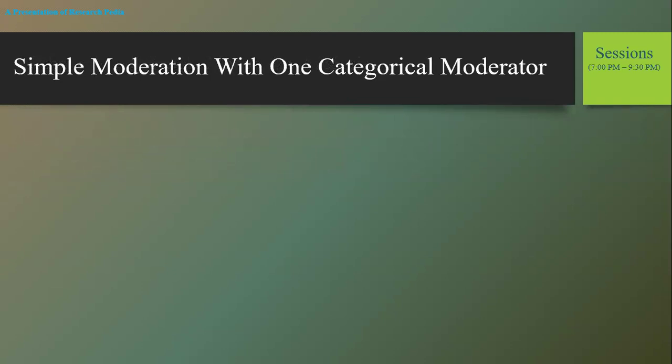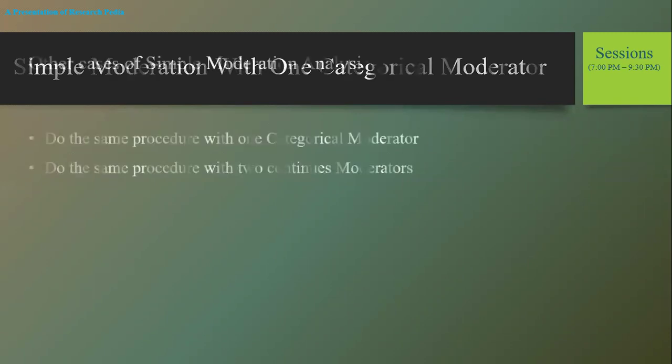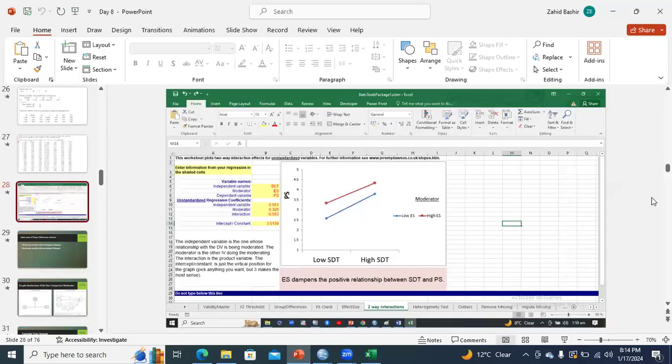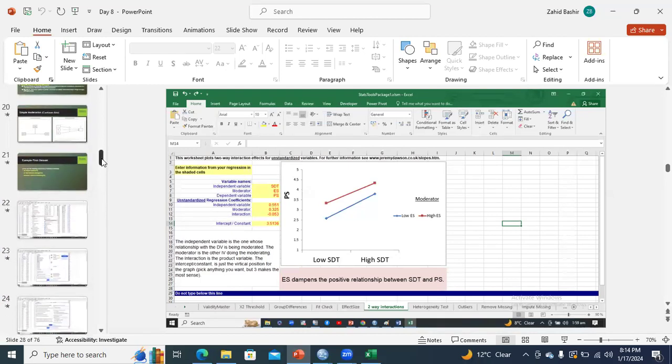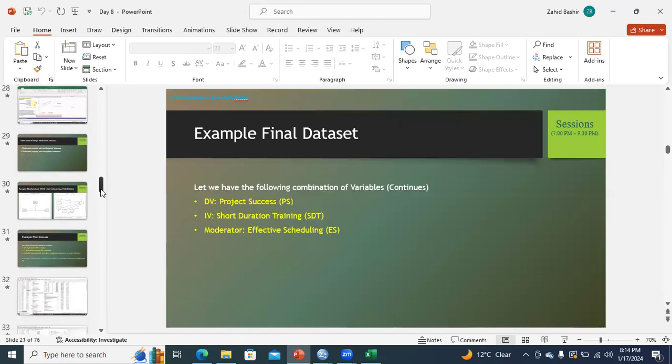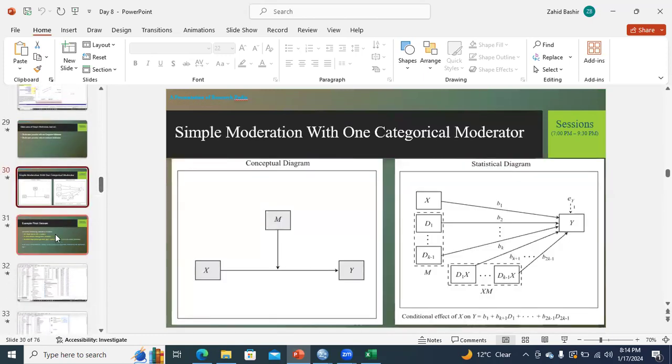I would like to elaborate simple moderation with one categorical moderator. Previously, the procedure was basically with one continuous moderator. So here the moderator was continuous. Now we are going to use a categorical moderator.